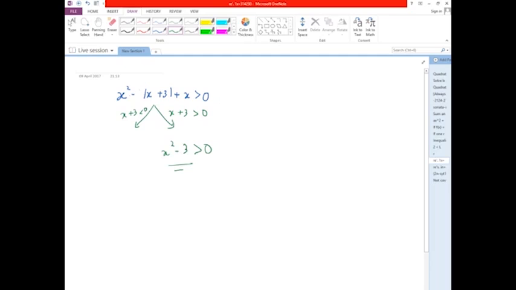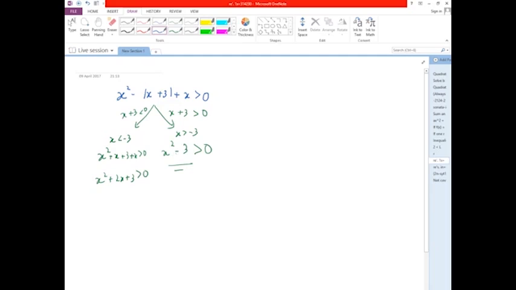And if you put less than 0, then you get x square plus x plus 3 plus x greater than 0, or x square plus 2x plus 3 greater than 0. And this will be valid for x less than minus 3, and this will be valid for x greater than minus 3. I think now I'm going about it, I'll just solve it itself.